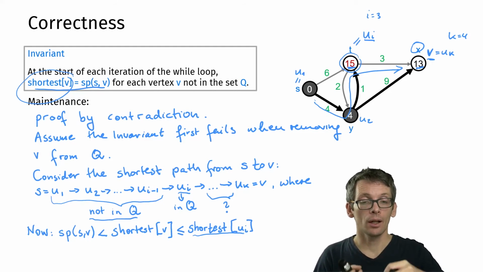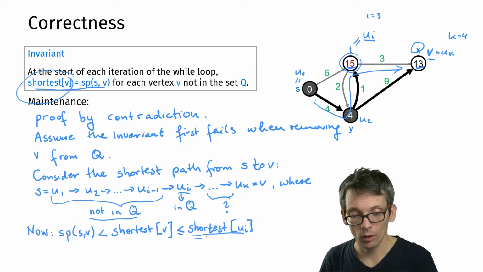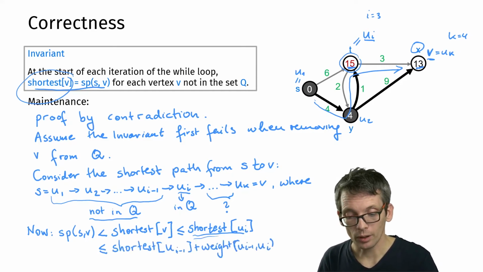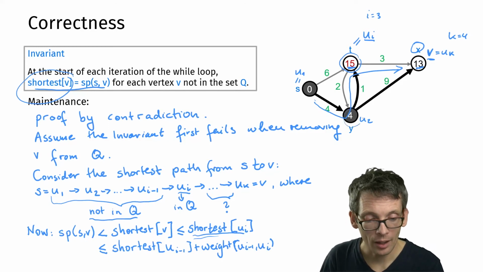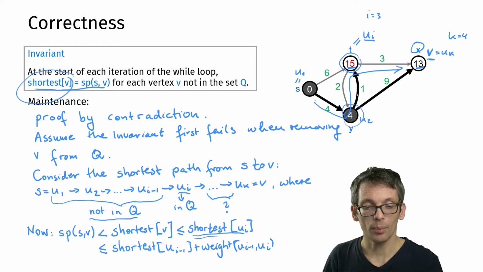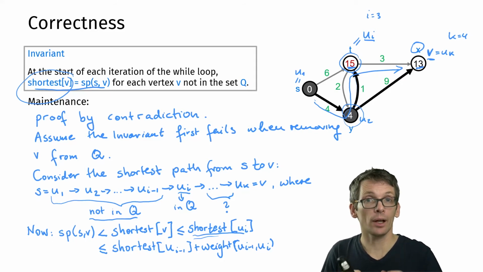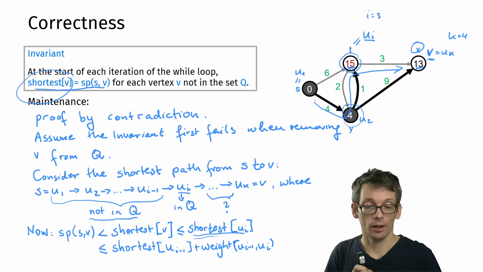What does that mean? It means that we know that shortest of UI is smaller equal shortest of UI minus 1 plus the weight of that edge. Because we did definitely try to relax that edge.